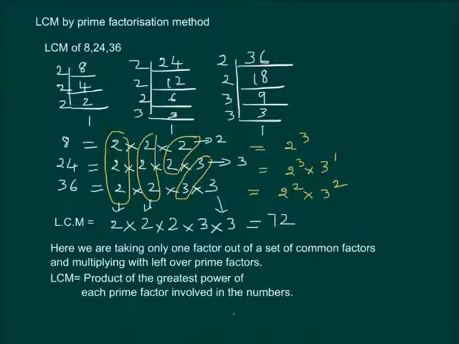We have to take the product of the greatest power of each prime factor. So the greatest power of the prime factor 2 involved in the three numbers 8, 24 and 36 is 2 to the power of 3, and we have to take the product with greatest power of next prime factor, that is 3 square. This also gives us LCM 72.